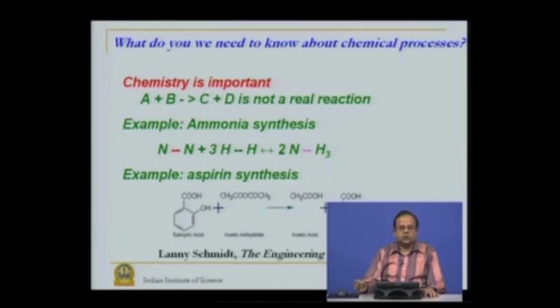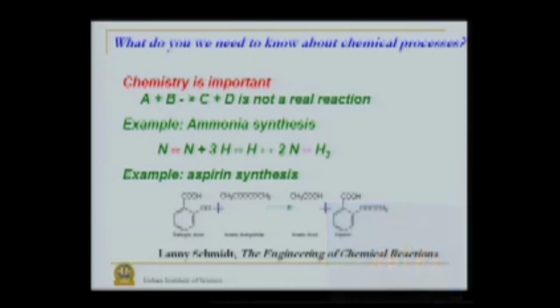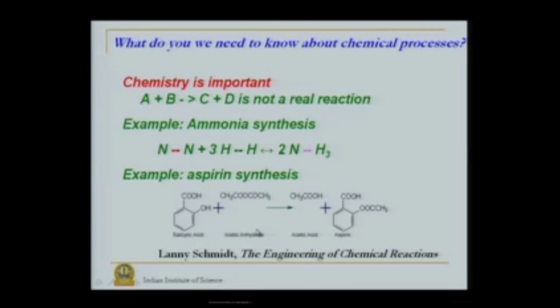Another example is aspirin. You know, when you get a headache, we all run to our medical cabinet and take aspirin or its equivalent. Now, the reaction of aspirin synthesis is actually a reaction between salicylic acid and acetic anhydride, giving rise to acetic acid and this wonderful compound, that is aspirin.